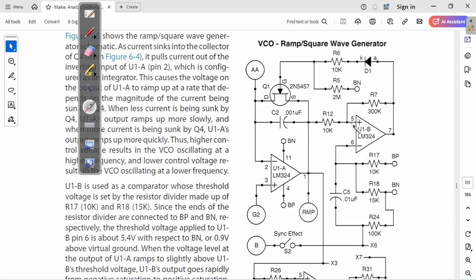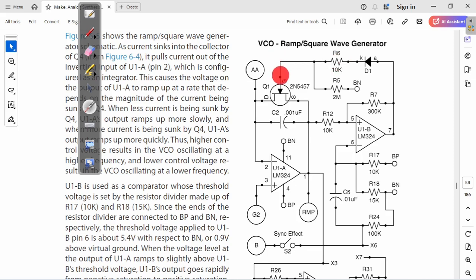So the output is going to go into positive saturation, and because of that, you're going to develop a current here going this way towards the gate of the JFET. So here you're going to have again the positive saturation voltage. You're going to lose a little bit of voltage because of this resistor.